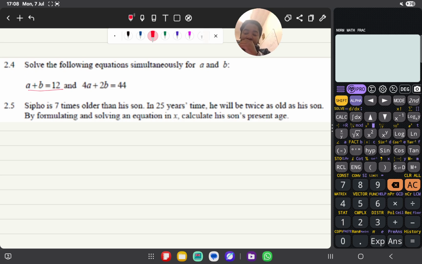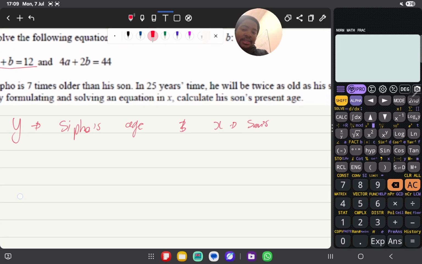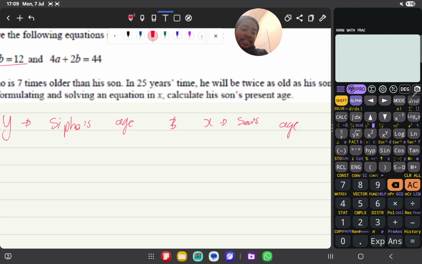So here, let's think. I'm going to say y is Sipho's age, and I'm going to say x is the son's age.